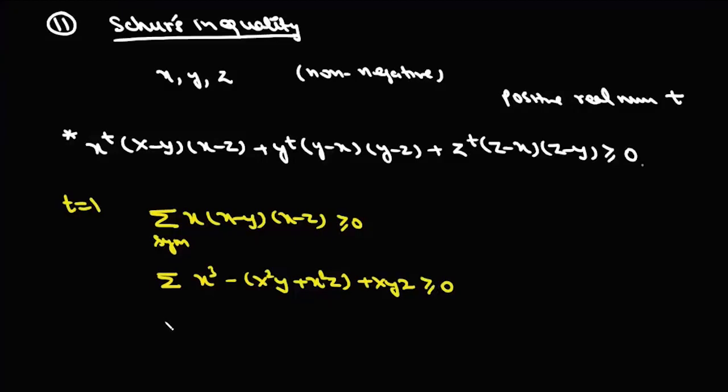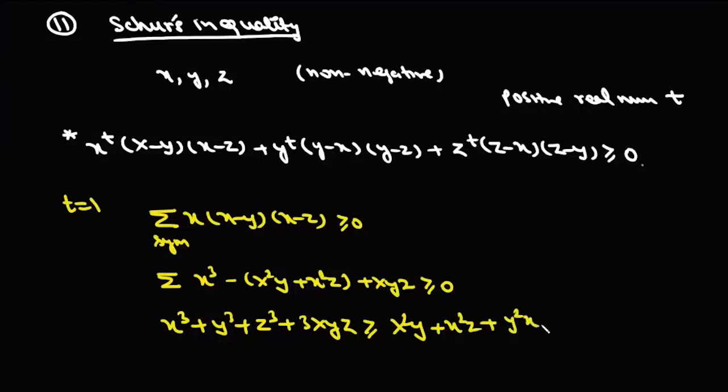So from here we can write x cube plus y cube plus z cube plus 3xyz is greater than or equal to x square y plus x square z plus y square x plus y square z plus z square x plus z square y.